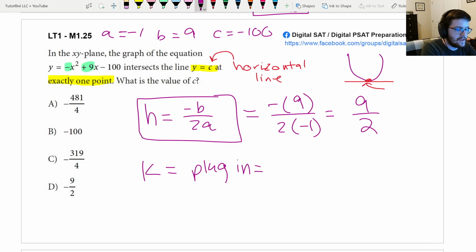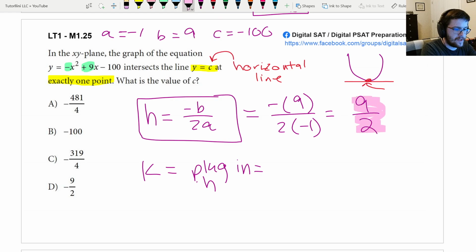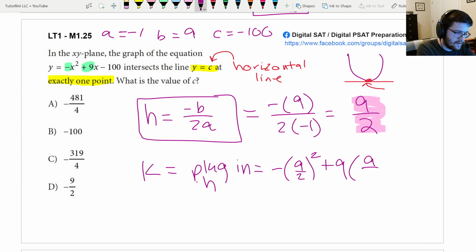So we're going to take this x-coordinate, and we're going to plug it in for x. So let's do that. Negative 9/2 squared plus 9 times 9/2 minus 100.